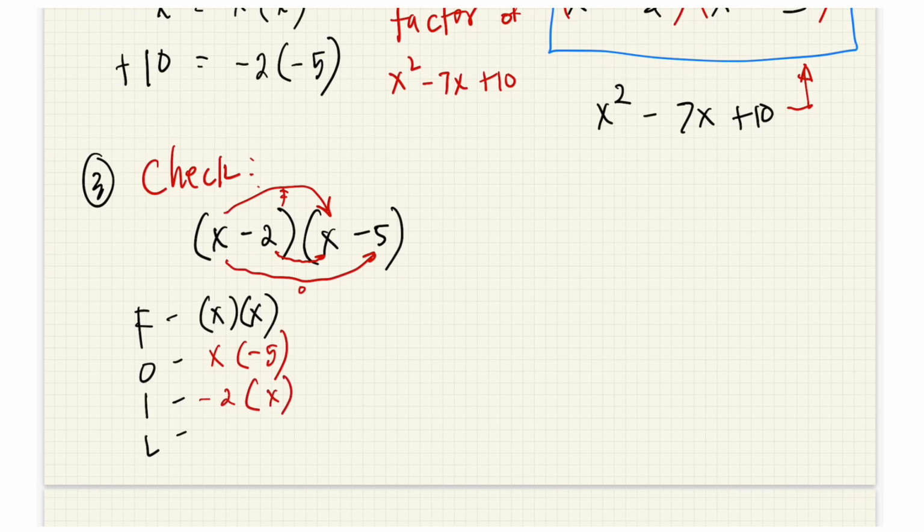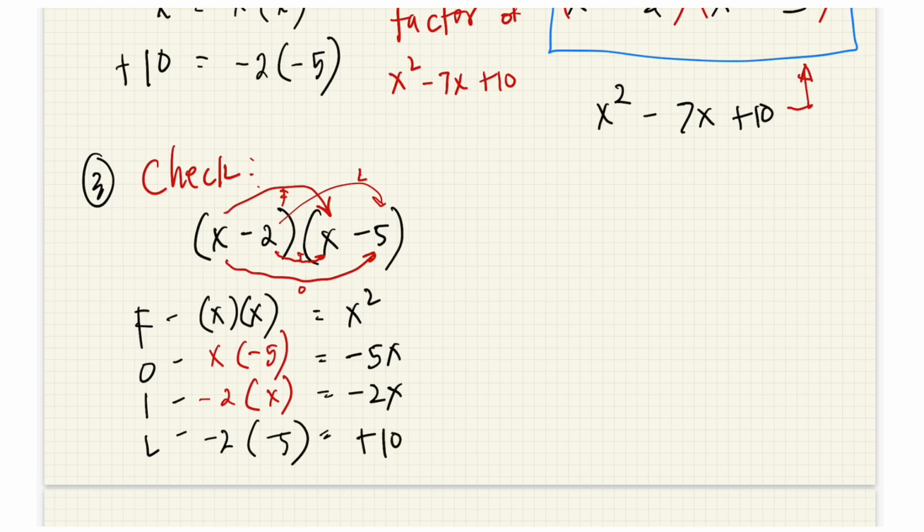The last one is the last term. This is I. This is L. So we have negative 2 times negative 5. So we have here x squared, negative 5x, negative 2x, and positive 10.